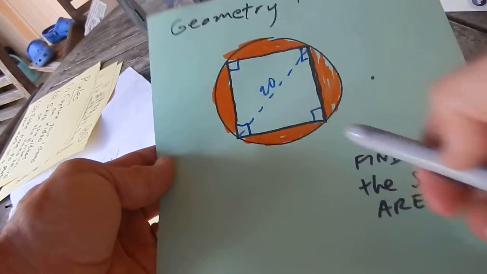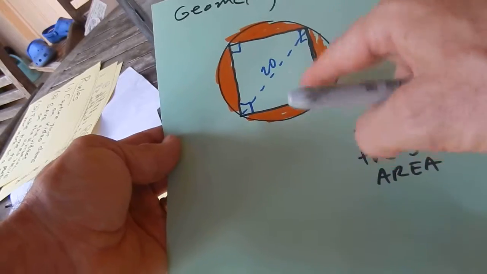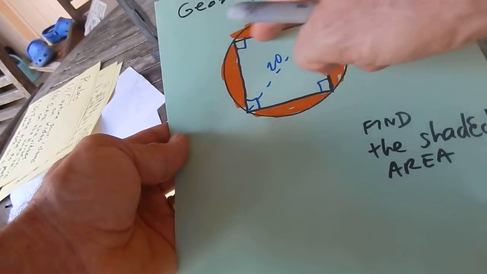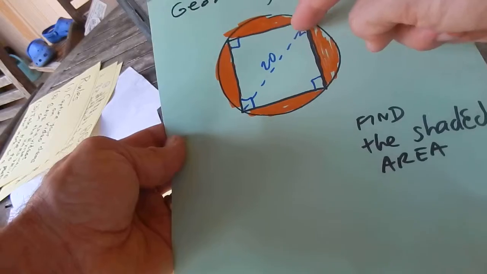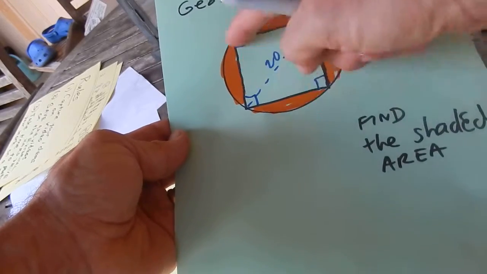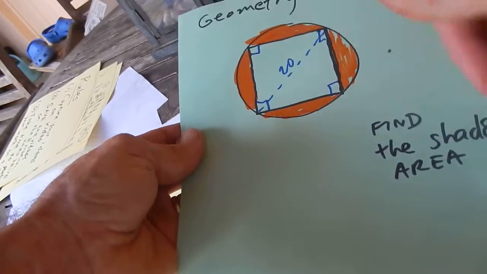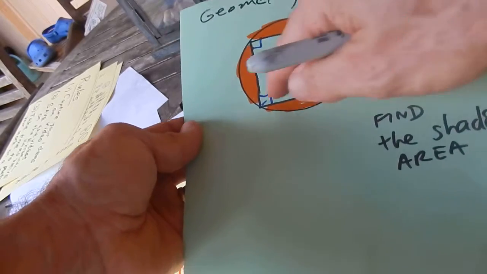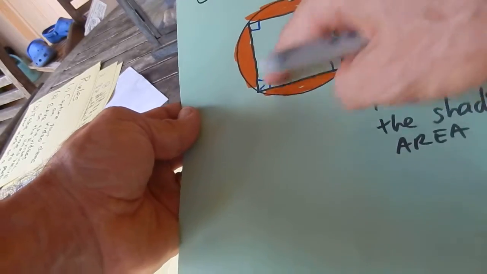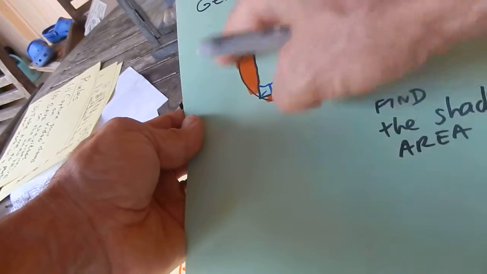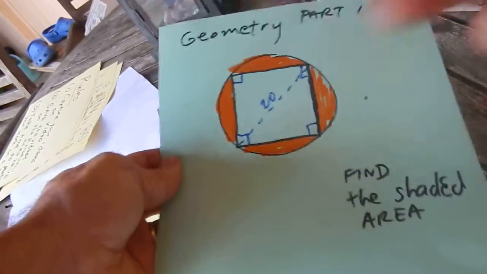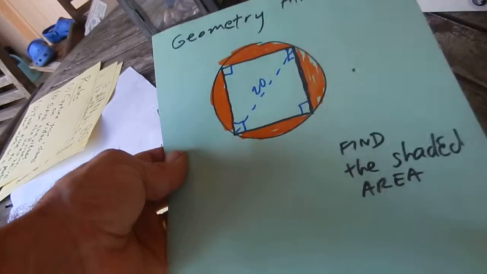Now, what I'd like you to do is to try to figure out the sides. If you know the diagonal of a square, how long is one of the sides? And since you know this diagonal, can we assume that that is a diameter? And can we use that to find the area of the circle? That's what I'd like you to work on.